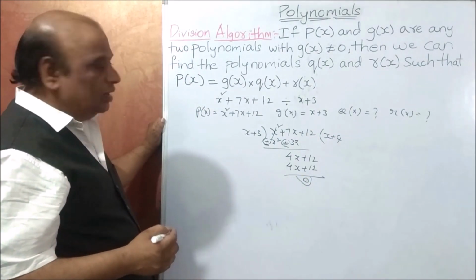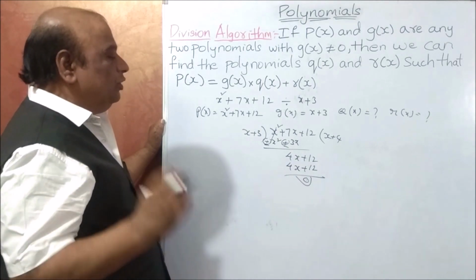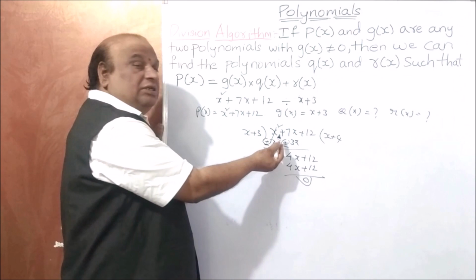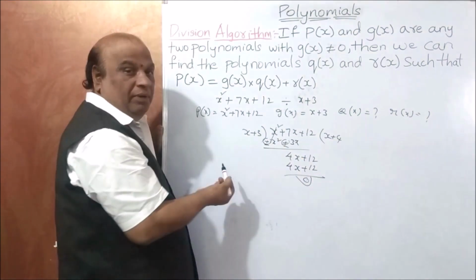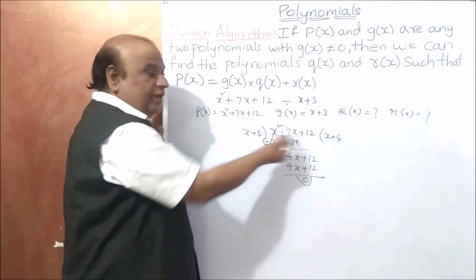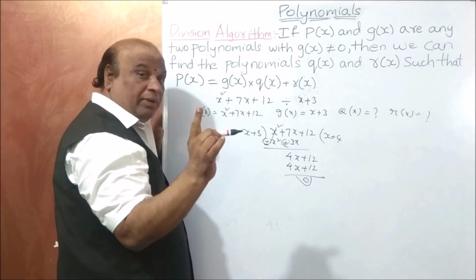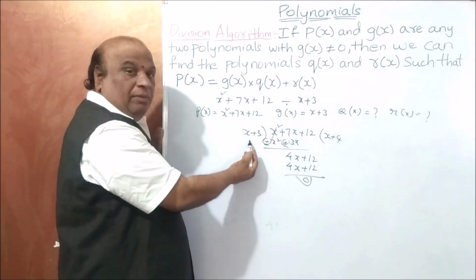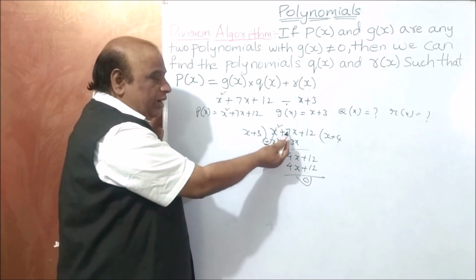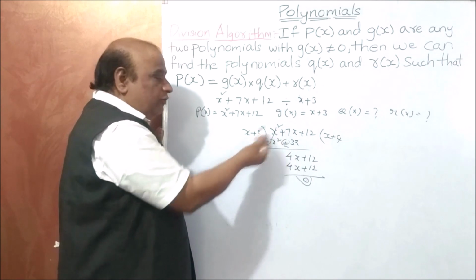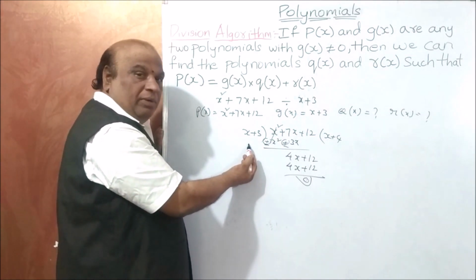Remainder 0. So here you observe, my dear students, P of x is a second degree polynomial. We are dividing a second degree polynomial with a first degree polynomial.